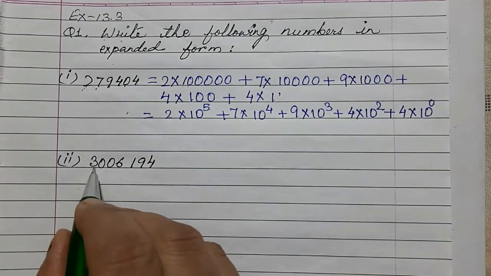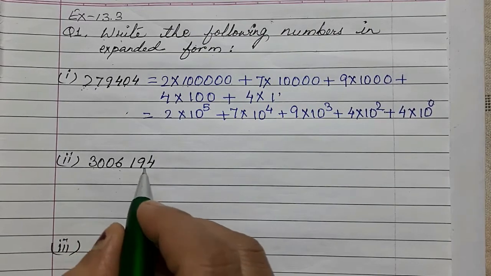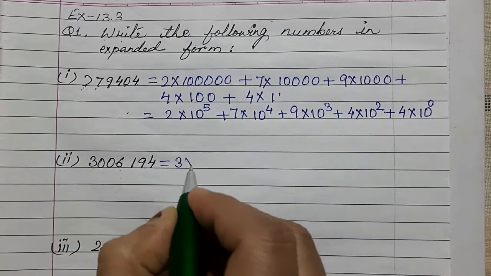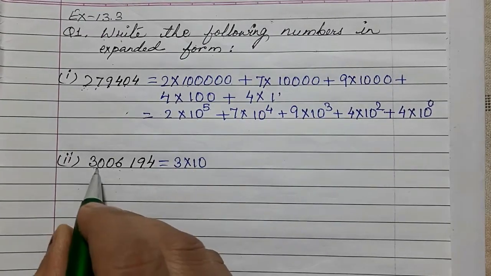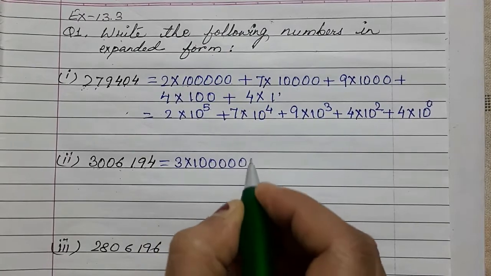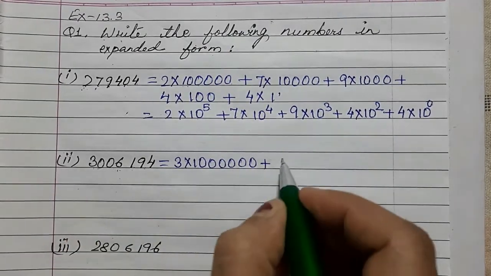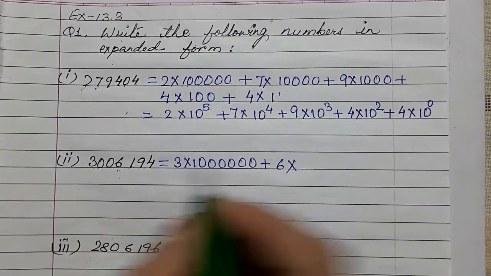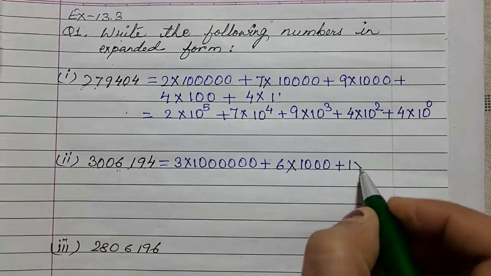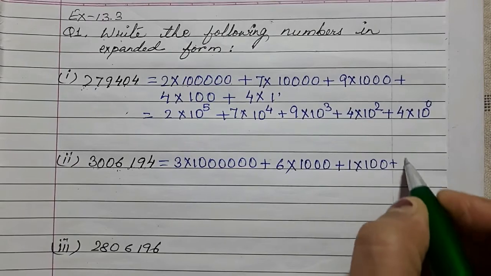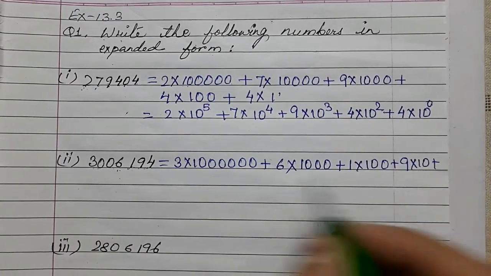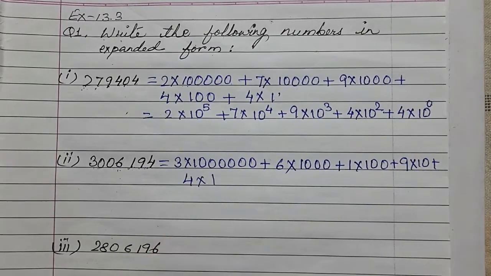Next number, 3006194. Again we do the same thing. 3 has the place value of 6 zeros, so 3 multiplied by 10 lakh. Then 6 is at thousands place, so 1000. 1 is at hundreds place, 9 at tens, and 4 at ones place.